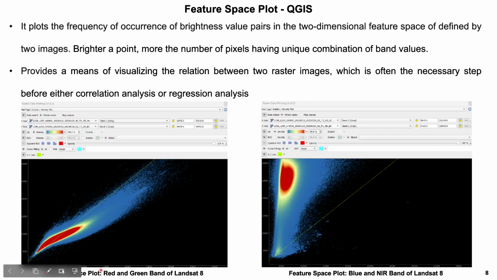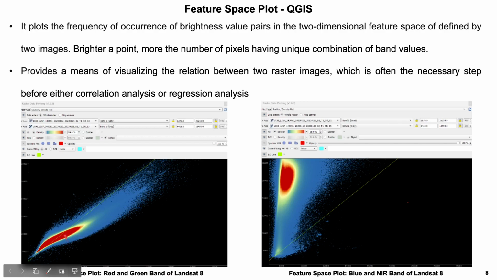So X plots the first band, Y plots the second band. And by means of this, we can see how the two different bands in a multispectral data are correlated or not. And it can be further used for the regression analysis. So I have plotted example plots. First is the red band and the green band of Landsat 8.